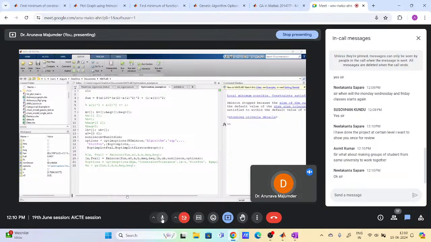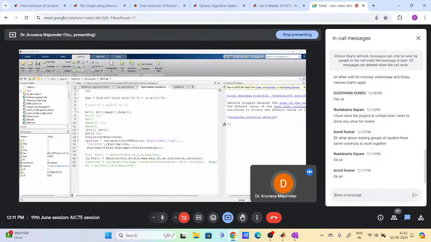Making groups of students from the same university to work together: same university student group. Aishwarya ma'am will decide and it will be intimated to you. I am writing the mail ID here, the mail ID to which you will be sending the mail.